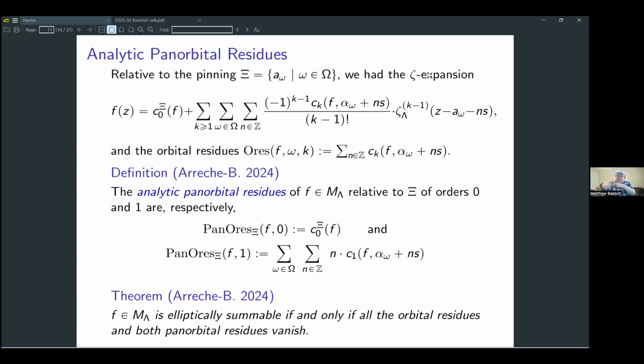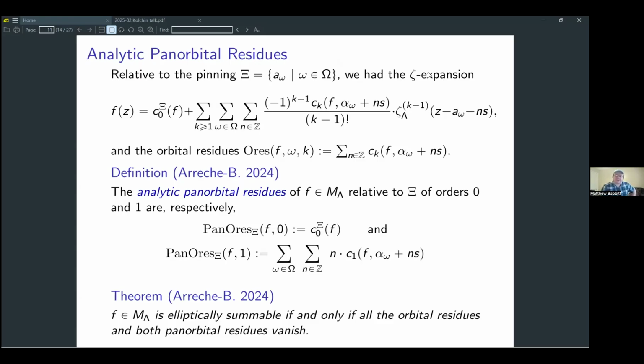Once again, we're combining all the order 1 residues of f in a rather twisted way, right? There's this new factor of n in each of the terms. So the choice of analytic pinning does matter for the computation of this pan-orbital residue. And then the 0th order residue is the leftover constant term, C0 psi of f.